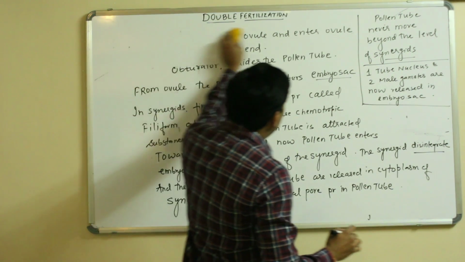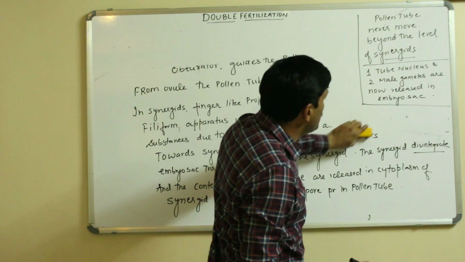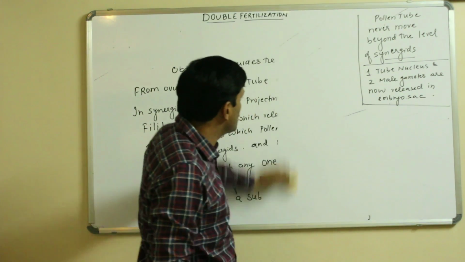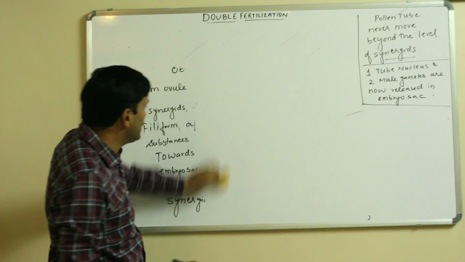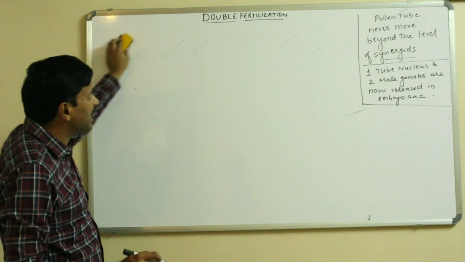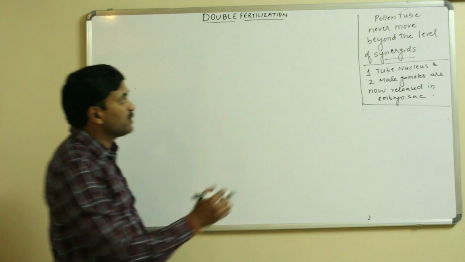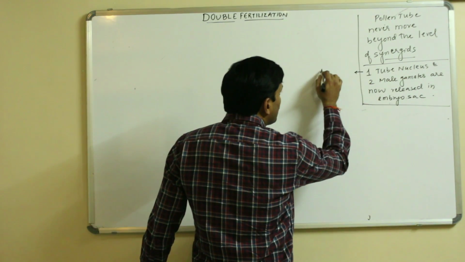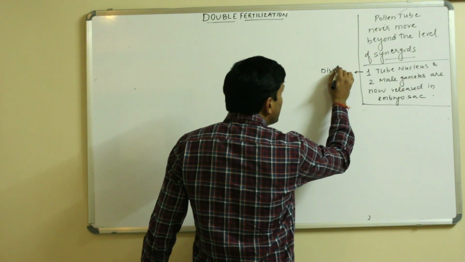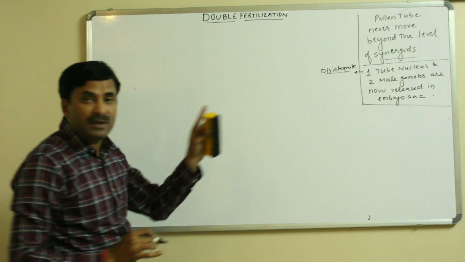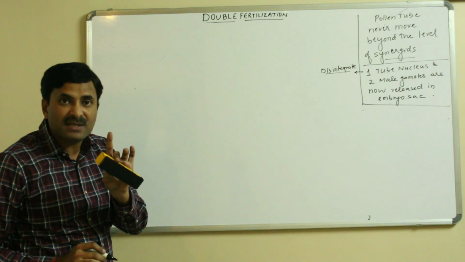Now the tube nucleus soon disintegrates. As I have said earlier also, the tube nucleus will not participate in the double fertilization, so this tube nucleus will disintegrate.